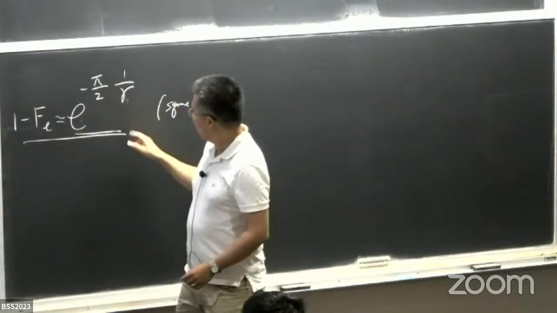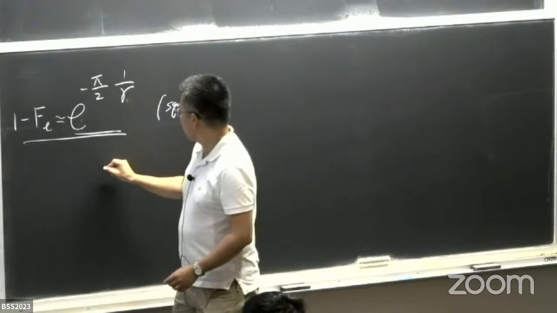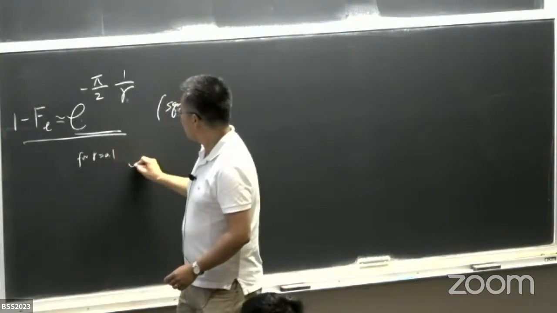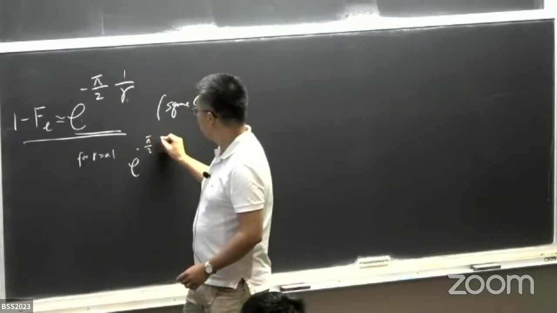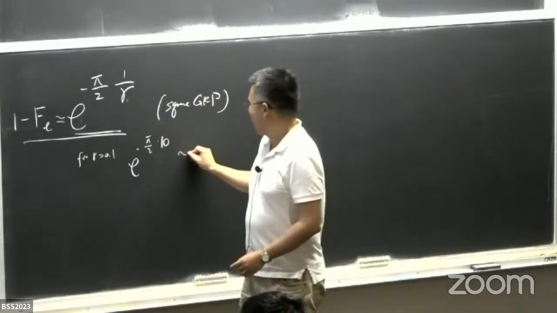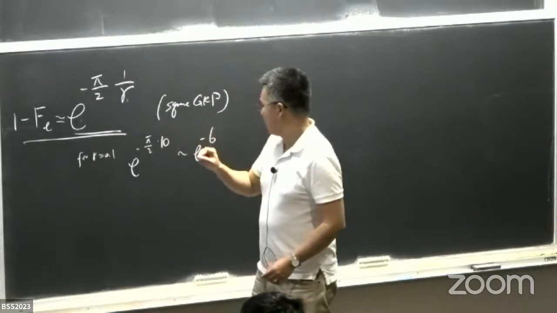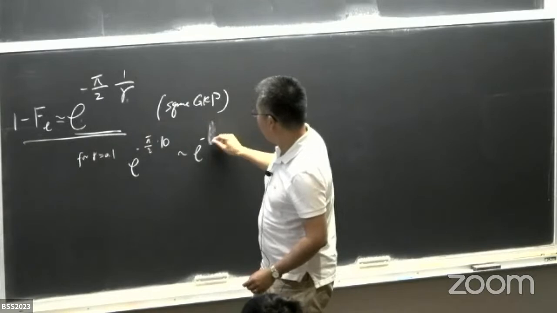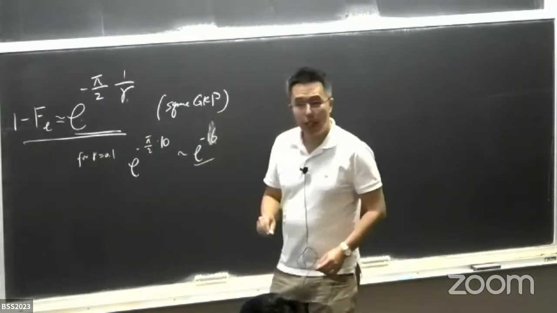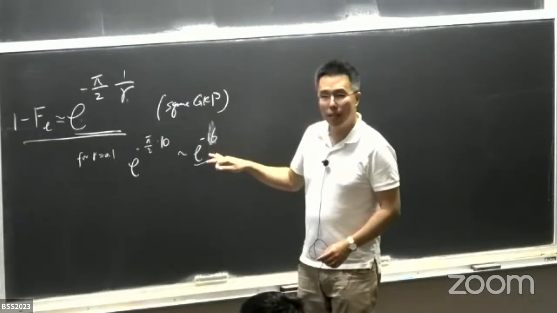However, when gamma is 0.1, this becomes e to the minus pi over 2 times 10. It's e to the minus 6-ish, right? No, it's e to the minus 12 or 15-ish. Yeah, it's 15 or 16. So this is a really, really small number.